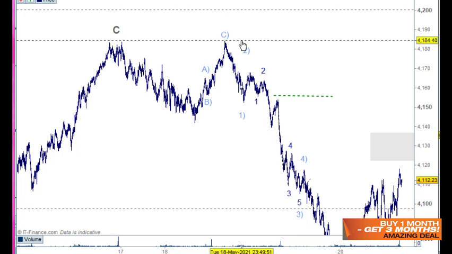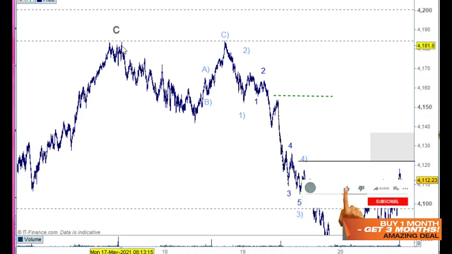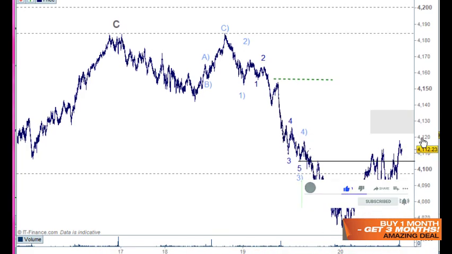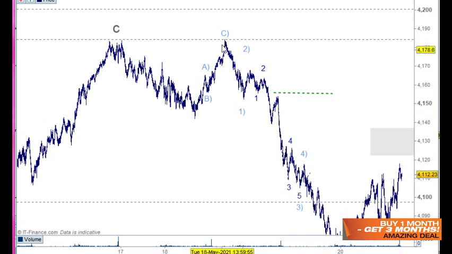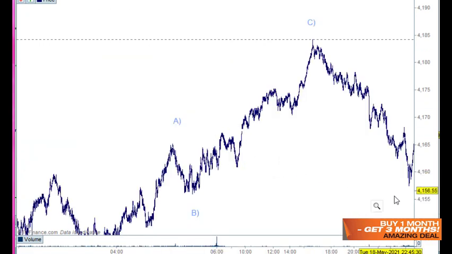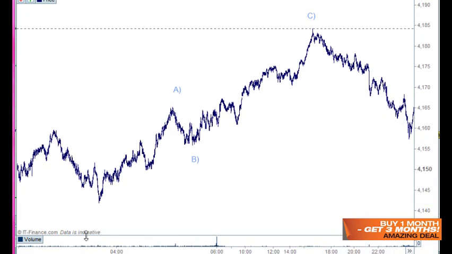It's just a hairpin higher than this one. But the point is, the thing that I'm putting the C wave over here for is because when we look into this rally here, if that was going to be a new high, that would need to be in 5 waves there. So let's have a look. I don't see 5 waves.